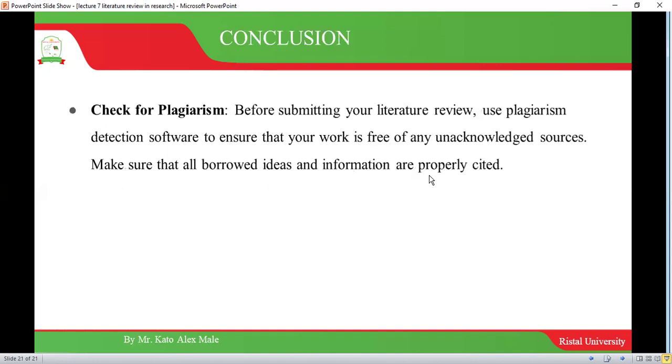Lastly, check for plagiarism. This means that before submitting your literature review, use plagiarism detection software to ensure that your work is free of any unacknowledged sources. Make sure that all borrowed ideas and information are properly cited.